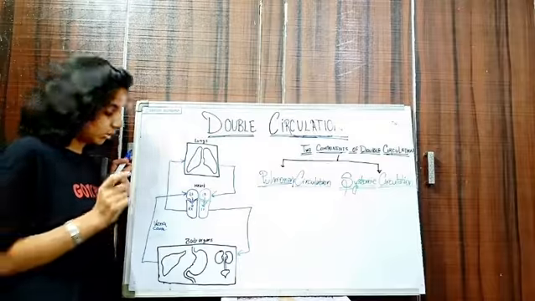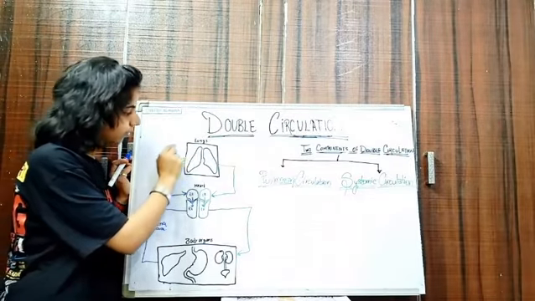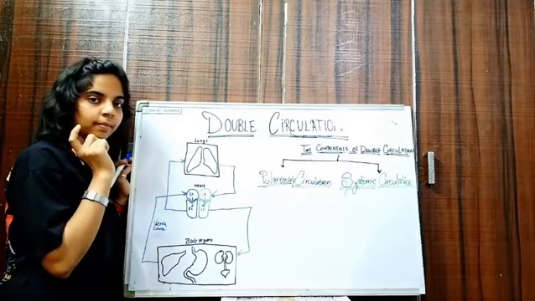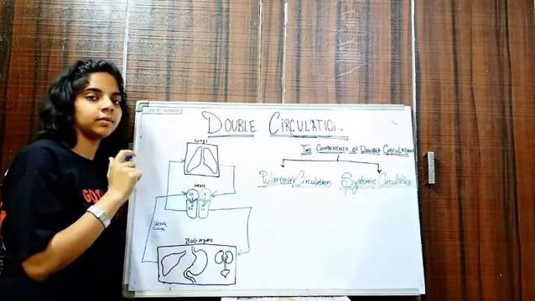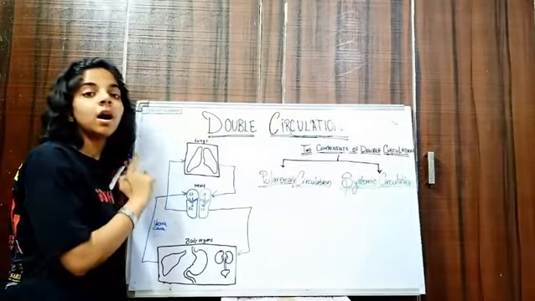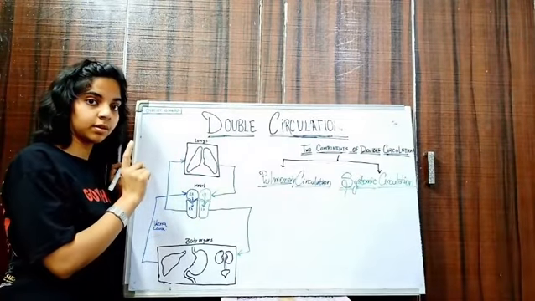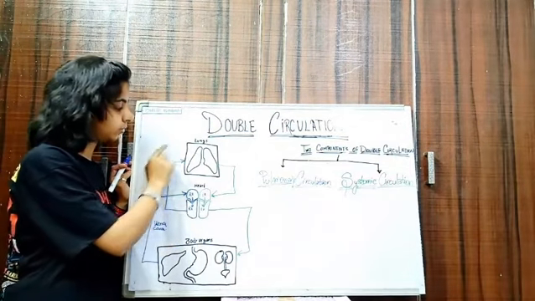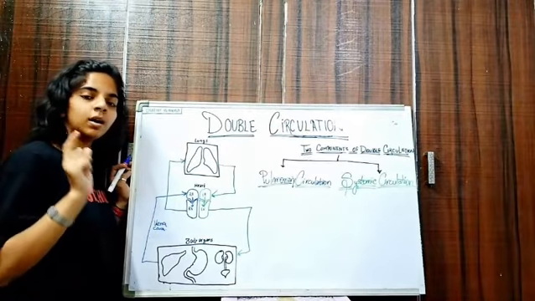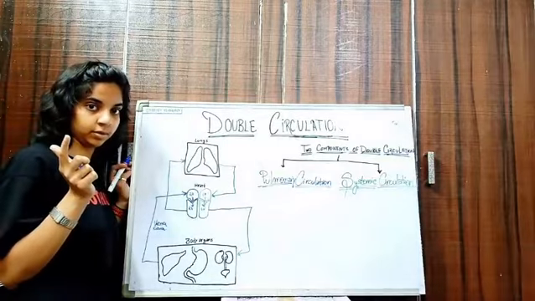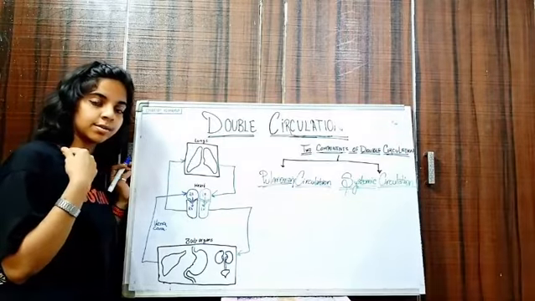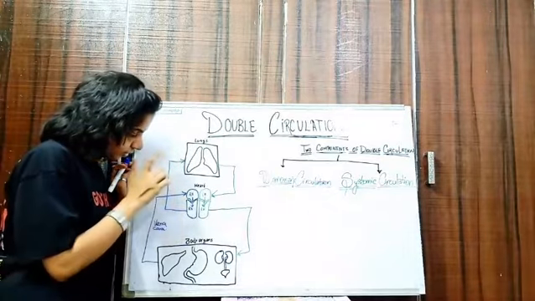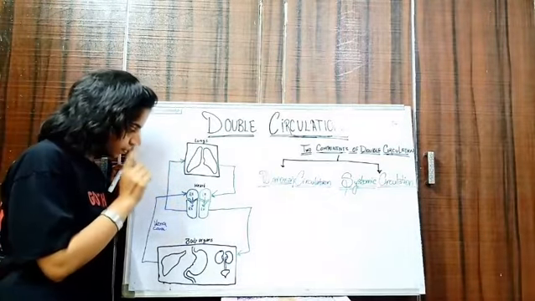But the deoxygenated blood that comes from the right ventricle to the lungs does not come through any vein, but rather through the pulmonary artery. The name given to the vessel that carries the deoxygenated blood from the right ventricle to the lungs is pulmonary artery. Keep it in your mind, it is very important. Alright, it is asked many times in exams. There is no vein that carries deoxygenated blood from the right ventricle to the lungs.